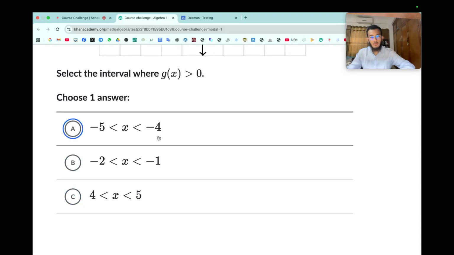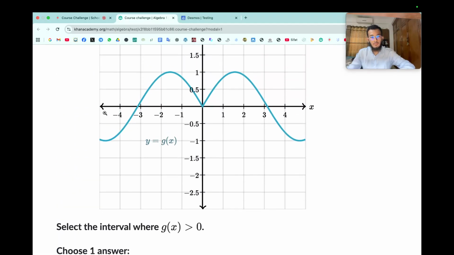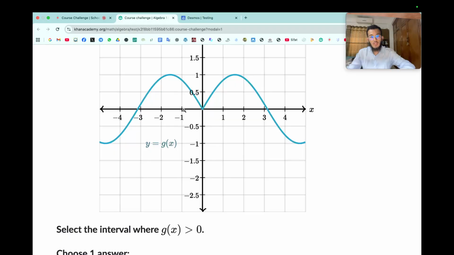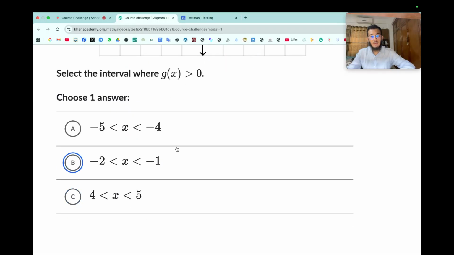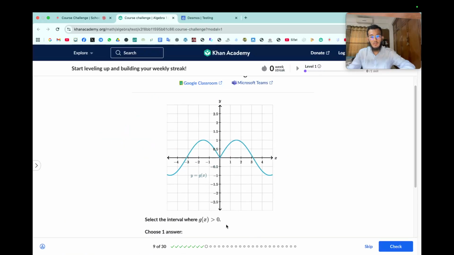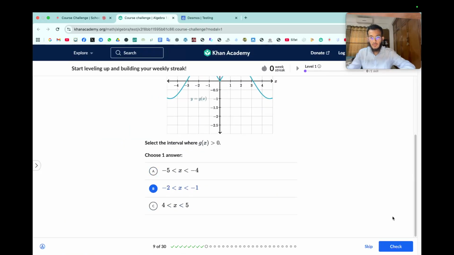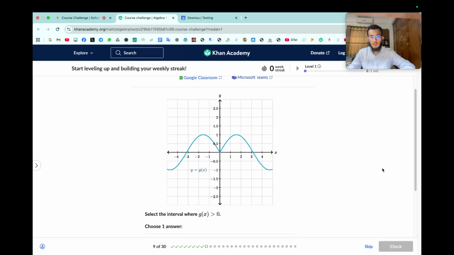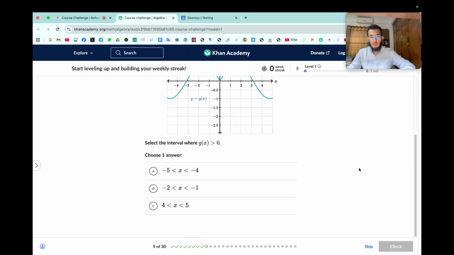From -5 to -4 is below, so this can't be. From -2 to -1, yes, it's on the greater than 0 side, and 4 to 5 is not g(x) greater than 0. So B is our answer for this one.